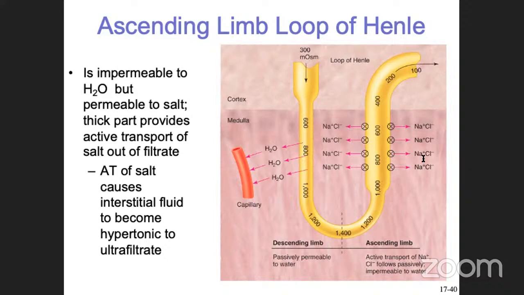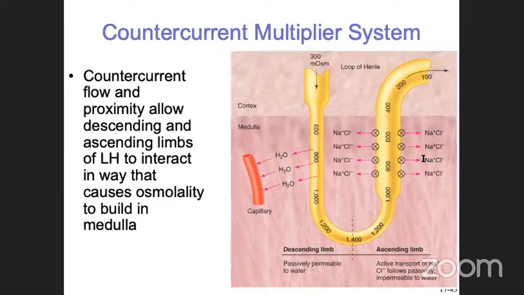The descending limb is permeable to water, but the right-hand side, the ascending limb, is impermeable to water, but it is permeable to salts. The thick part provides active transport of salt out of the filtrate, giving a good space for active transport to occur. And active transport of salt causes the interstitial fluid to become hypertonic to the ultrafiltrate, thus the salts leave the tubules.